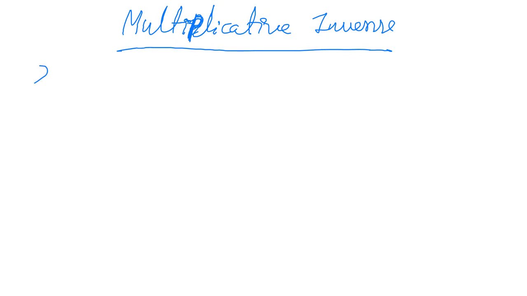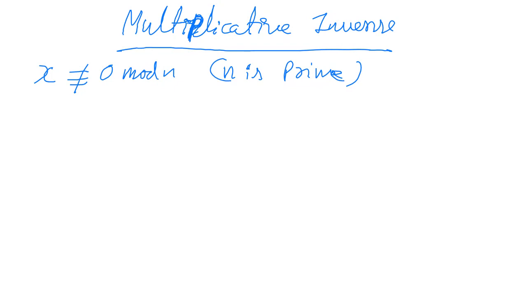Basically, it says that x is not congruent to 0 mod n when n is prime, provided n is prime. All right, x is not congruent to 0 mod n means x mod n is not 0 when n is prime.